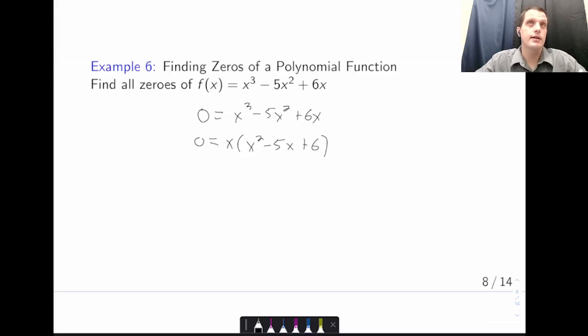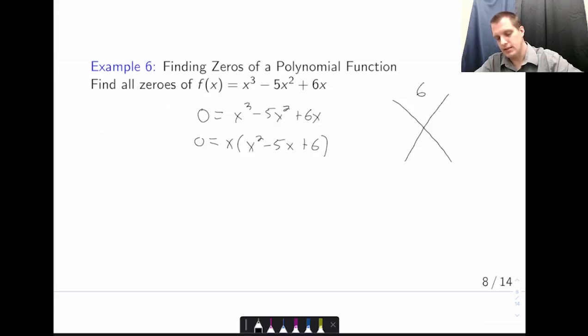And now we need to see, do we have any multiples of 6 that add to become a negative 5? Well, 1 times 6 gives me 6, but when I add them together, I get a 7. 2 and 3 multiply to make 6. They add to become a 5, but they need to be both negative, so that they add to become a negative 5. So here we get x times x minus 2 times x minus 3.